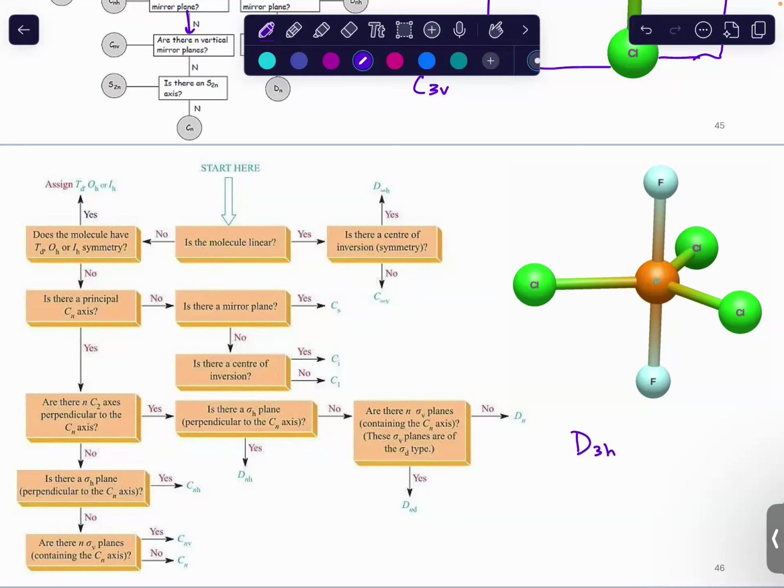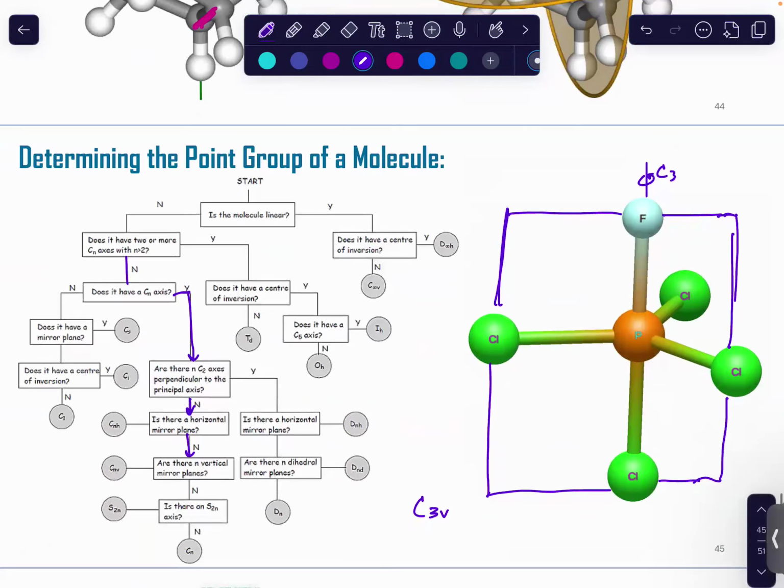I didn't expect you to get those that quick. I like the flowchart. It makes sense. These flowcharts are helpful. I have a hard time with the one from the book, in the upper left. It just says, does the molecule have high symmetry? Well, yeah, but then you have to just know if it's TD, OH, or IH, which isn't necessarily helpful. I like over here, where I can see the OH, so it helps you get to them.